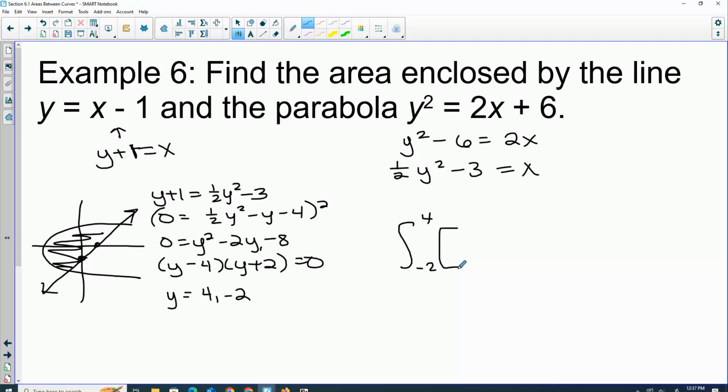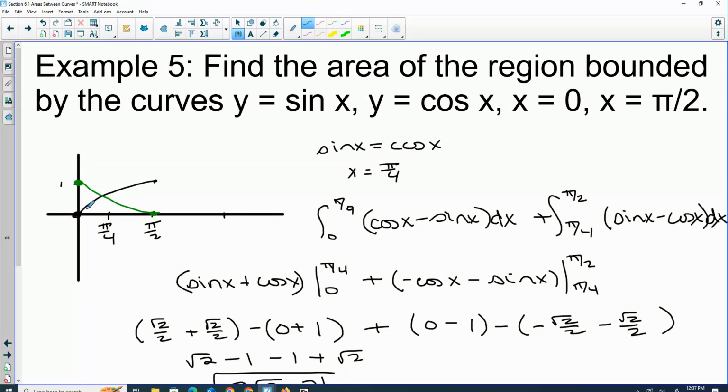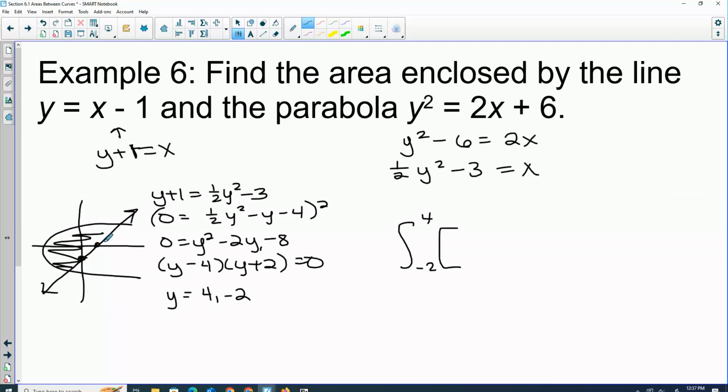All right, when x is our variable, we do the top curve minus the bottom curve. So what would it be for y squared? You do the right minus the left. So the one on the right is our line. So that's what comes first.